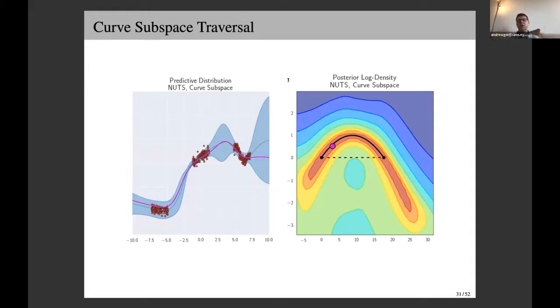We also considered the mode connecting subspace. So here on the right, we have this visualization of the loss surface in 2 dimensions. In purple, we have a different parameter setting. And on the left, we have the corresponding functions. So we can see here very clearly that there's actually a lot of functional variability associated with the parameters on these connecting curves.